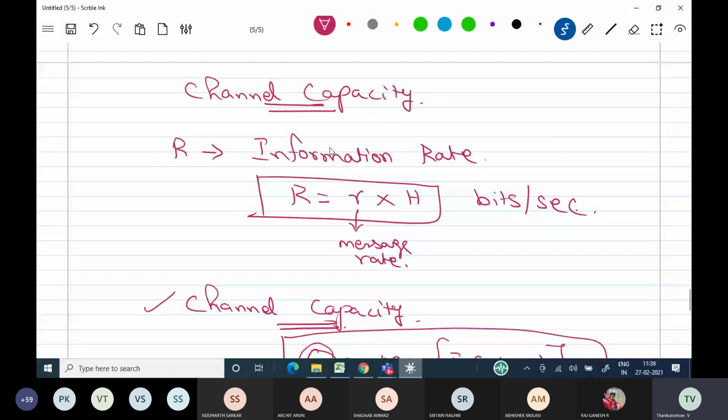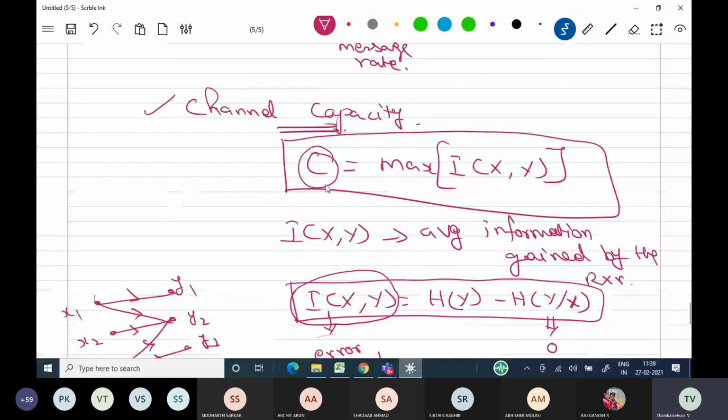Channel capacity means, whether our channel is a wired channel or a wireless channel, under the noisy condition we are finding the average information gained by the receiver, the actual correct information received by the receiver. So conditional probability is deciding your I(X,Y), because H(Y|X) is purely based on the conditional probability value.